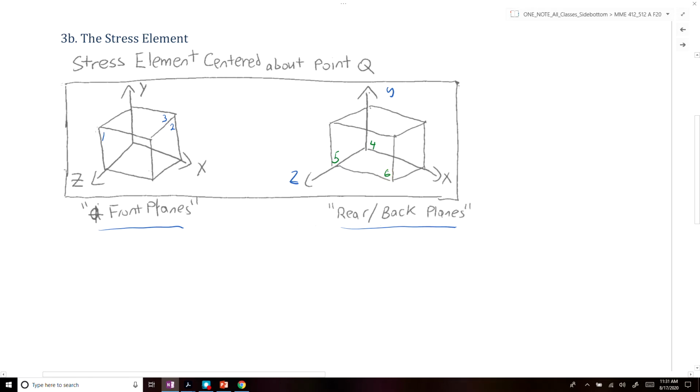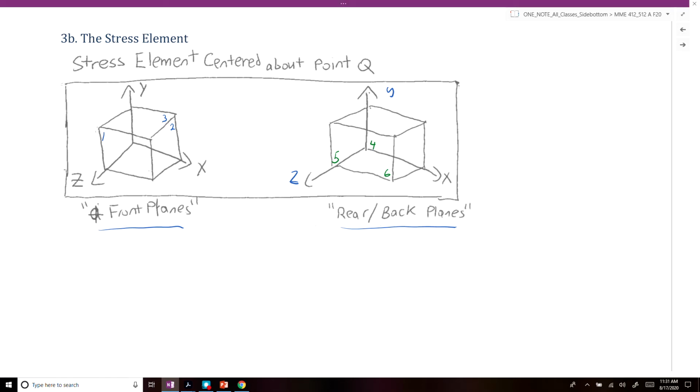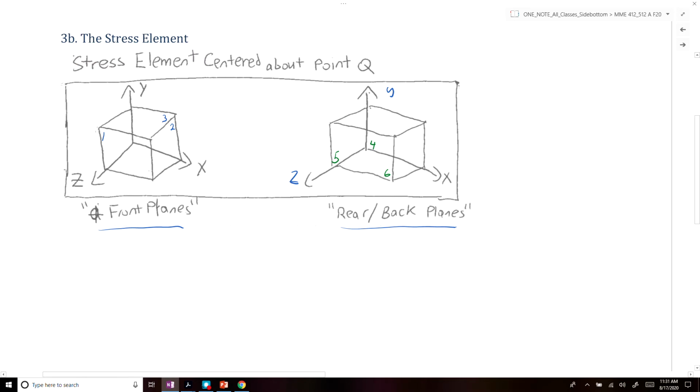So for each of these 6 faces, they'll have a normal stress associated with them, and they'll have 2 tangential stresses or shear stresses. For the front face, it's going to be normal to the z-axis, so it'll have a normal stress of sigma zz, and it'll have 2 shear stresses, along the y-axis and along the x-axis.